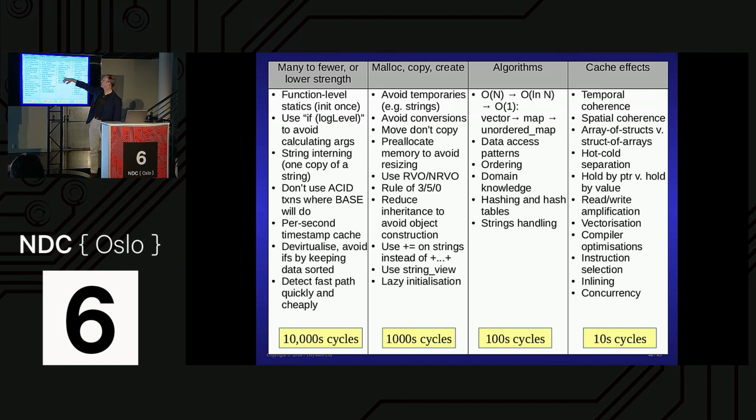You'll need to know about your data access patterns, whether you require ordering or not, and how you want to handle those strings. In terms of cache effects, with array of structs versus struct of arrays, maybe you can do hot-cold separation: these are the pieces of data I want most, crunch them that way, and let the hardware do that one.